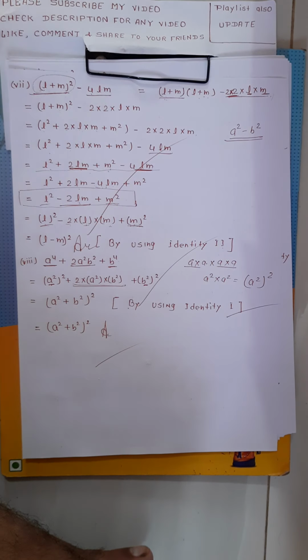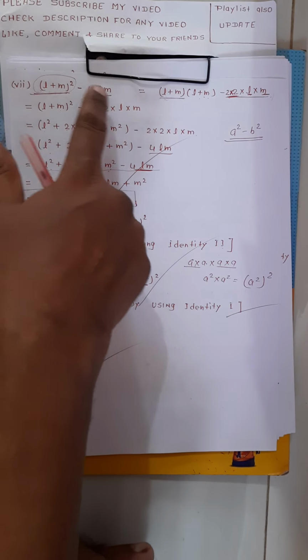So regrouping we cannot use here. Now we will check for identity number first, second, third and fourth. For identity number first and second, we need three terms, and here there are no three terms.